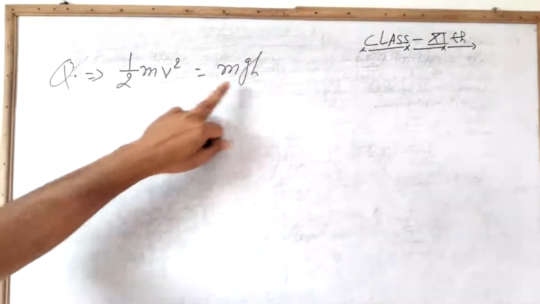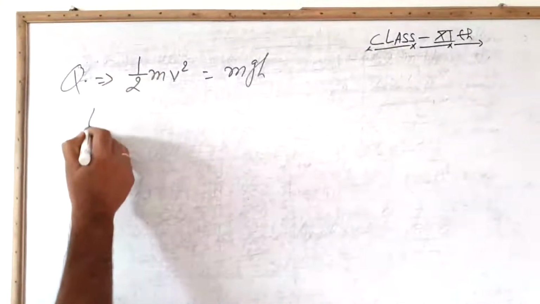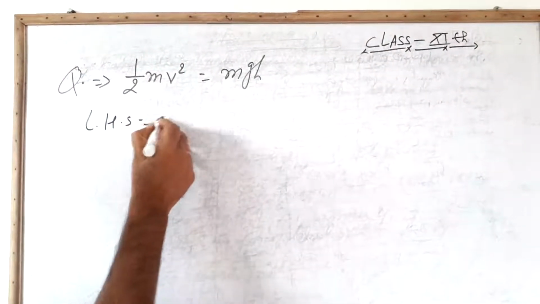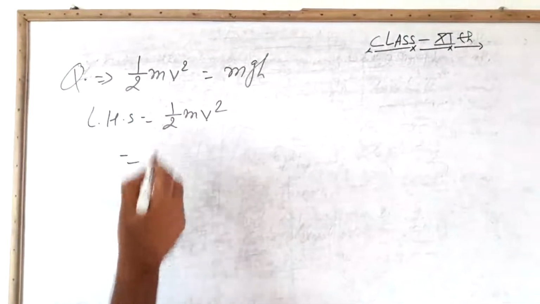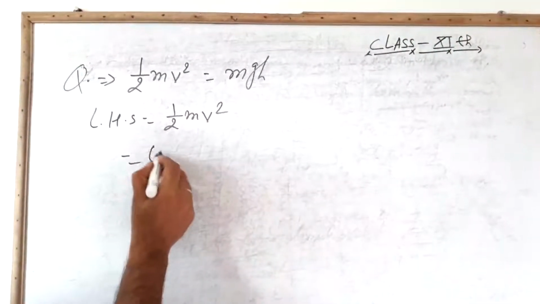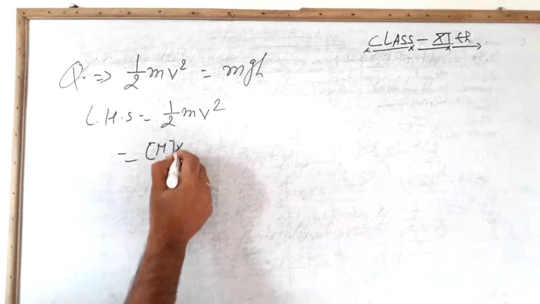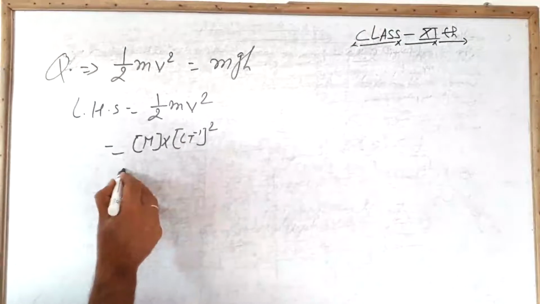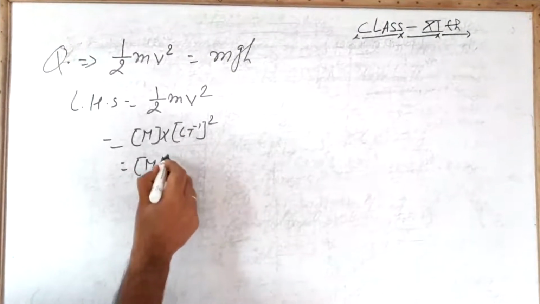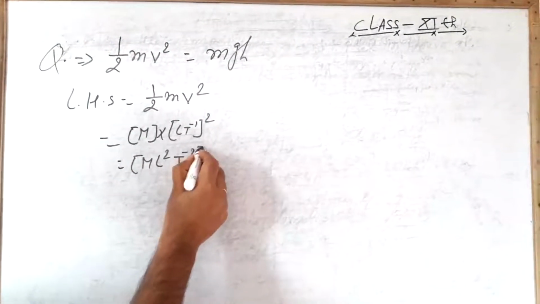This is another example: half mv square equals mgh. For LHS, half mv square, write the dimension. Half is dimensionless, m is m, v for velocity is L T inverse squared, so it becomes M L to the power 2 T to the power minus 2.